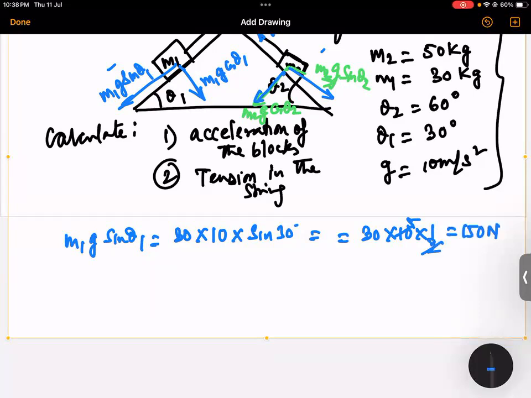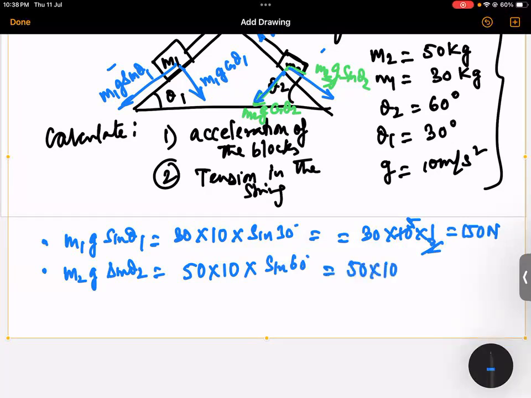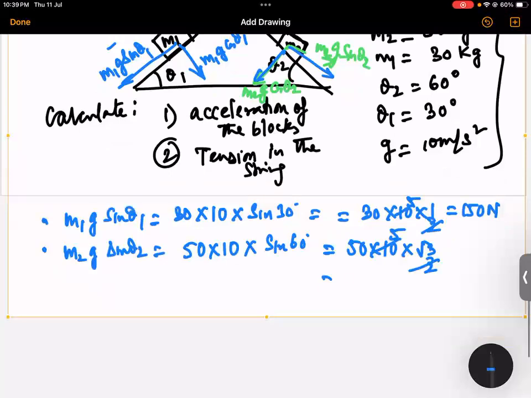Now I'll calculate the M2g sin theta 2. So your first step is what? Calculate M1g sin theta 1 and M2g sin theta 2 and find which force is greater. So M2g sin theta 2 will be equal to 50 into 10 into sin 60 degree. That is equal to 50 into 10 into root 3 by 2. So this will be equal to 250 into root 3.